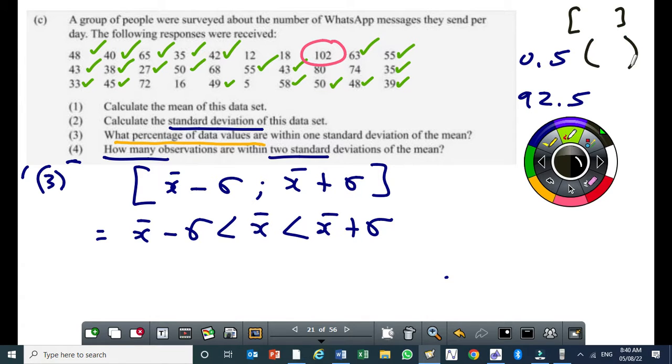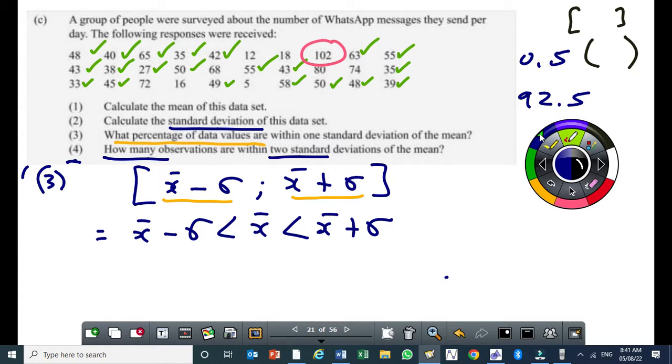Remember, you always start with the minimum, then the maximum. So here, x bar minus sigma is the minimum and x bar plus sigma is the maximum.